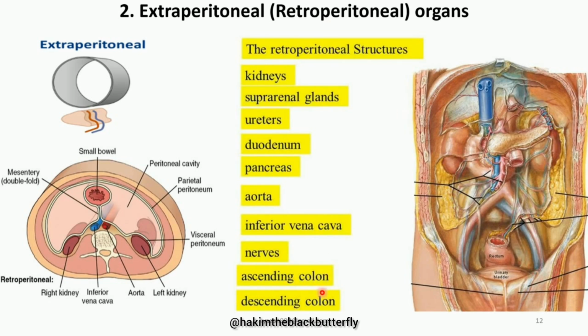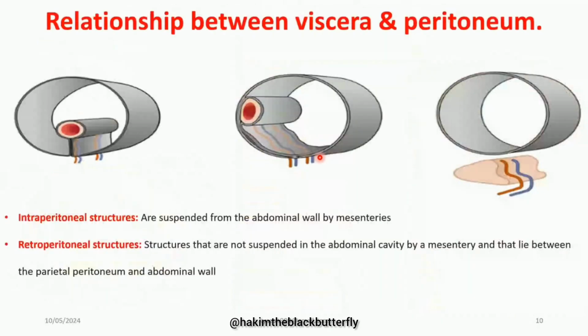But the ascending colon, descending colon, the duodenum and pancreas were initially intraperitoneal, but because of the rotation of the gut, they regained a retroperitoneal position. That's why you can call them secondary retroperitoneal structures. Is that clear? Yes, thank you.